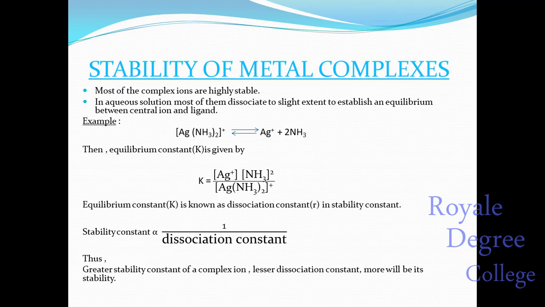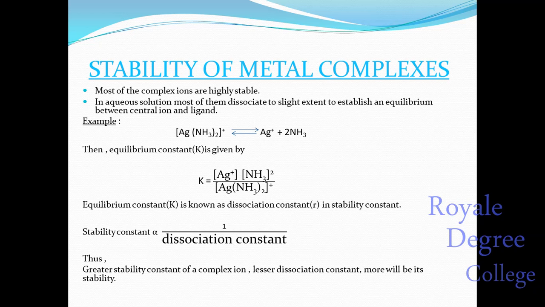Next is stability of metal complexes, where we see that most of the complex ions are highly stable. In aqueous solution, most of them dissociate to a slight extent to establish an equilibrium between the central ion and the ligand. Here we'll see one example.